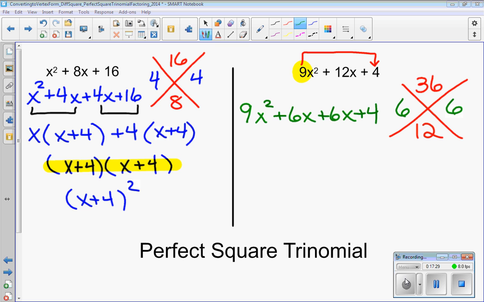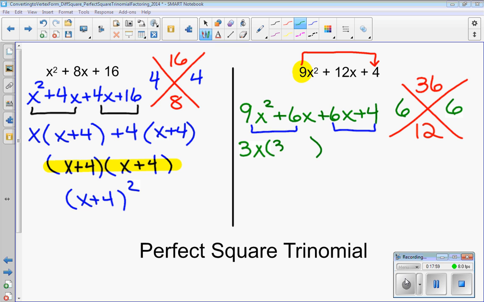What did I do over here when I had 4 terms? Right, I'm grouping them. Perfect. So I'm going to group the first 2 and the last 2. And I'm looking for the GCF to take out of the first 2. What do you see there? 9x squared plus 6x. What's the GCF there? 3x. Very good. And when I take a 3x out of the first 2, what am I left with?